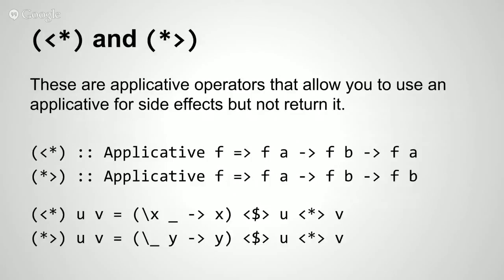We have what I might call one-sided apps. I have no idea how to pronounce these. Unlike app, the star in the angle brackets, the left-pointed one, I'll just call that left flake and right flake. Sure, left flake and right flake.